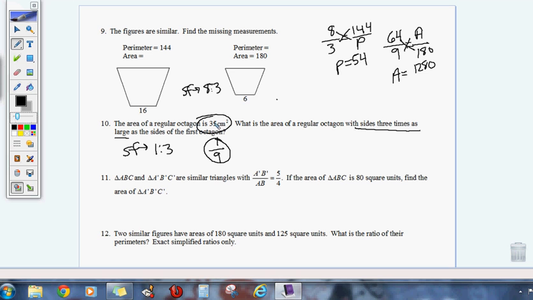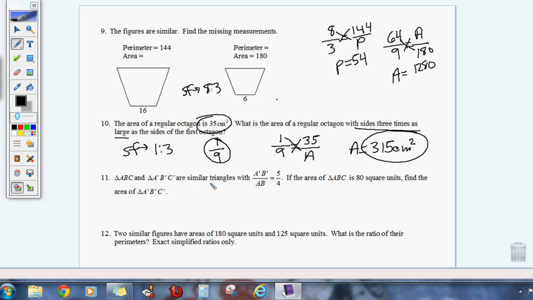So this is the smaller one here. So we have small to big. 1 to 9 is equal to small, 35, over the area that we're looking for. When we cross multiply and do this, we're going to get an area that comes out to 315 centimeters squared. The most common mistake is obviously using 1 to 3 in this proportion, but that's just not true.